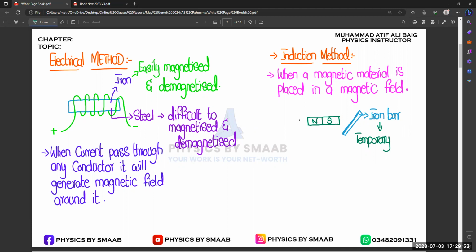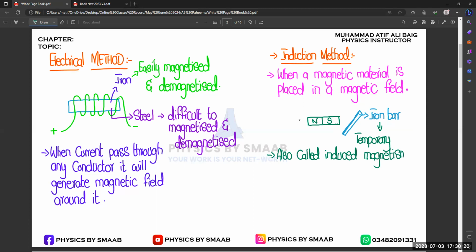So we can temporarily magnetize this material, and this method is also known as induced magnetism.